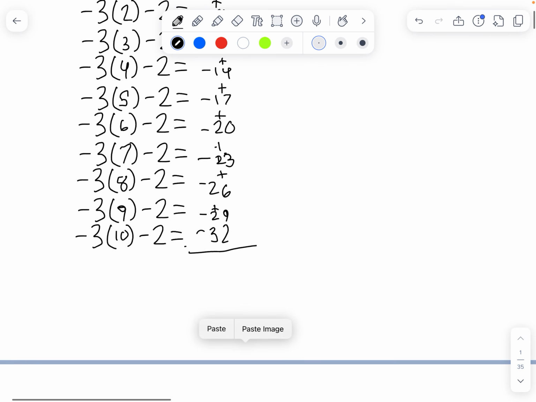And if we add all of these up, we should get -185. So that's what summation notation is.